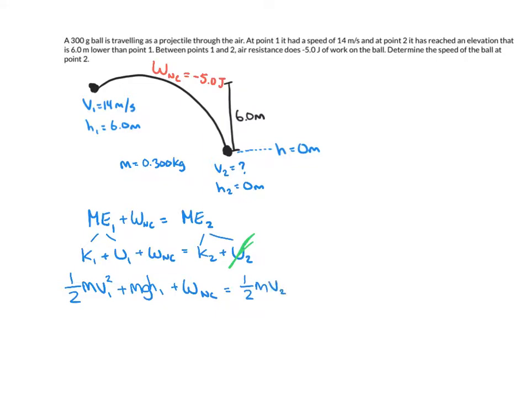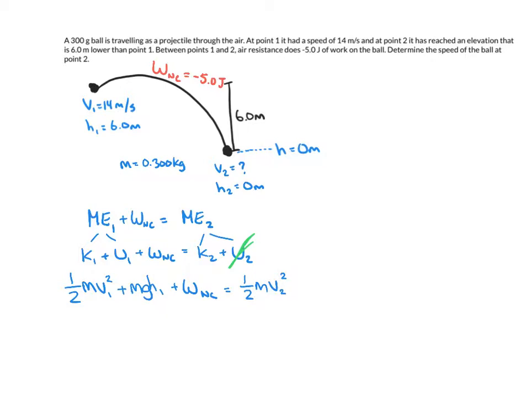Now in terms of work, the WNC, I did not change that to the formula for work because I'm given the value in joules already, negative 5 joules. So that's already the whole term right there. Don't need to change that into any other formula.